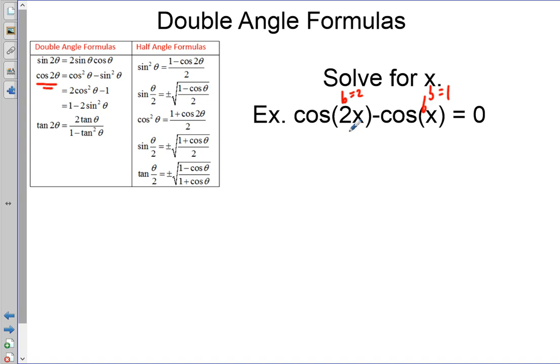Now, in order to figure this one out, we see we have a cosine here. And because it's cosine, notice we have several different options. Cosine squared of theta minus sine squared of theta equals cosine 2 theta. If we use a trig identity, because if you recall, sine squared theta is 1 minus cosine squared, we can simplify this to 2 cosine squared of theta minus 1.